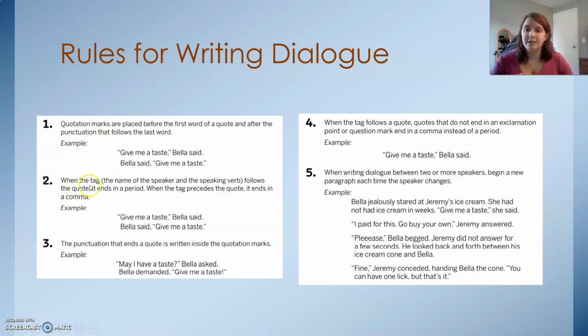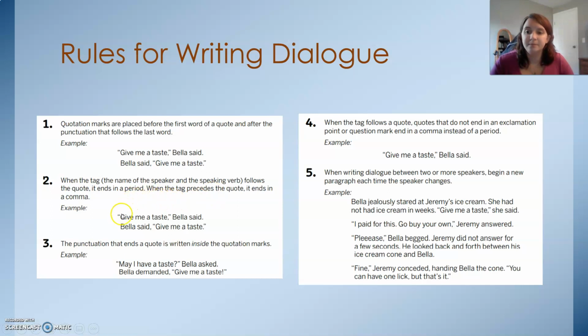Rule 2. When the tag, remember I said "Bella said," that's the tag. It's the who's speaking, the name of the speaker, and the speaking verb. So, did they say, they yelled, they exclaimed, all those things? Those are speaking verbs. If those tags follow the quote, it ends in a period. When the tag precedes the quote, it ends in a comma.